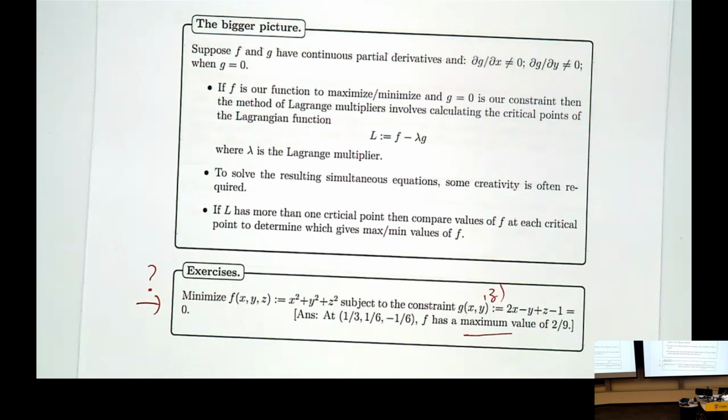If you have an infinite plane, and you want to find the maximum distance to the origin, it'd be infinite. So the maximum actually doesn't exist.